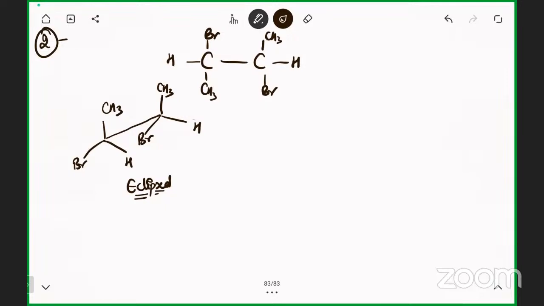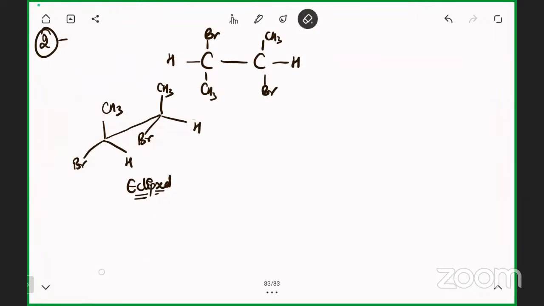Now just make this staggered form. The first carbon will remain as it is. You have to rotate the bond and then make this structure. This is a free rotation.